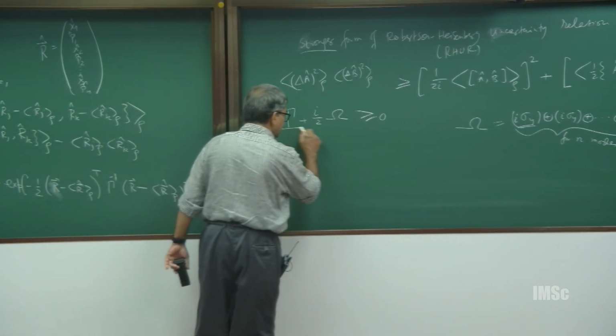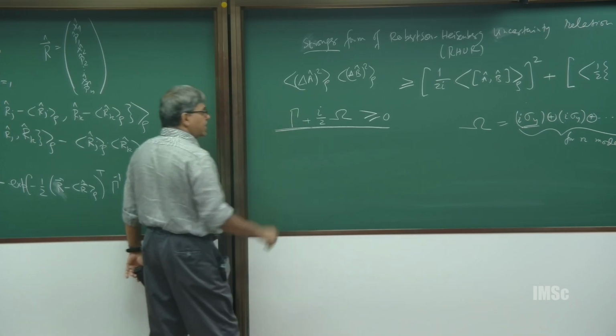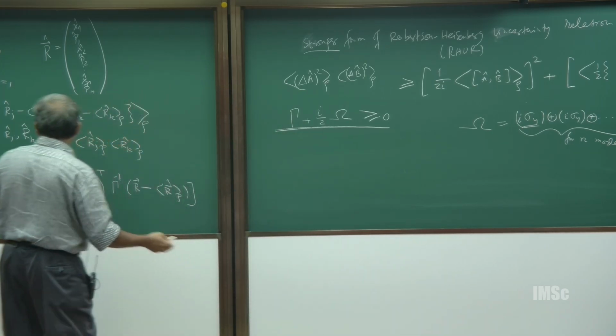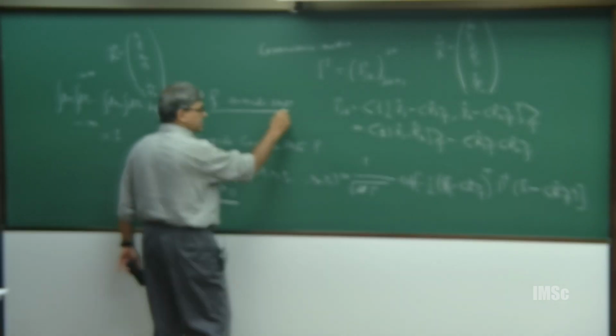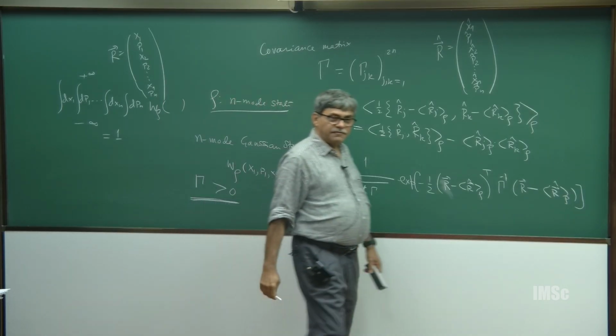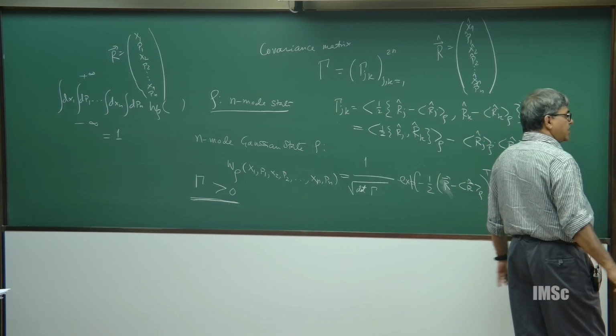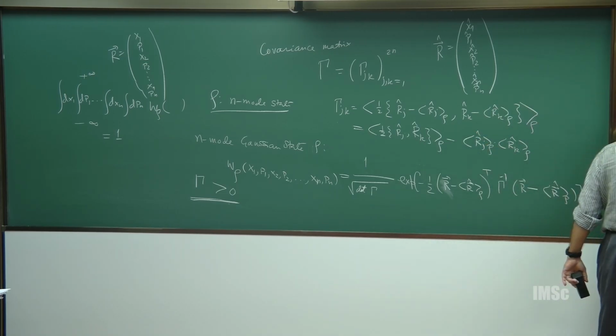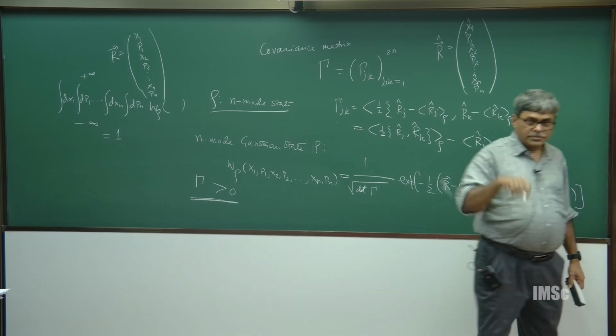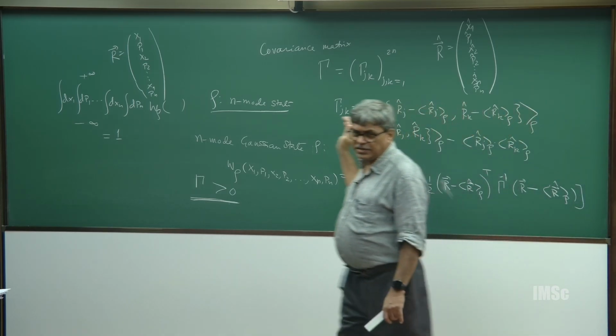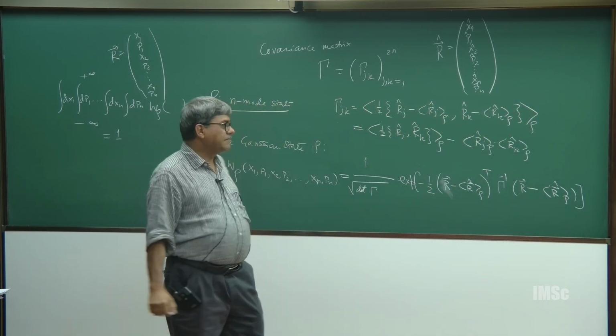This is the condition that if I take any n mode state, not necessarily Gaussian, and figure out its covariance matrix by this formula, then one can prove that this is satisfied. I will discuss how to prove this.